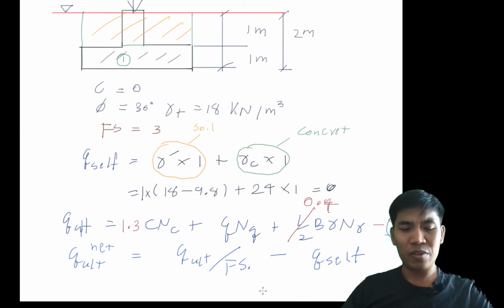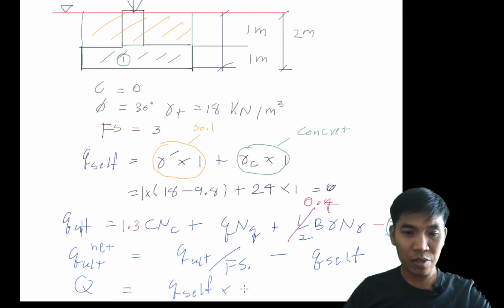Okay, it's ultimate, it's a Q self. And the last part of this question is that Q equals Q self multiplied with the area of footing.